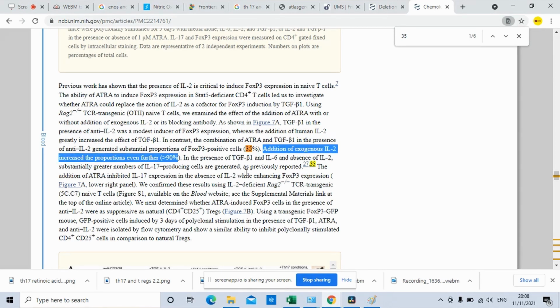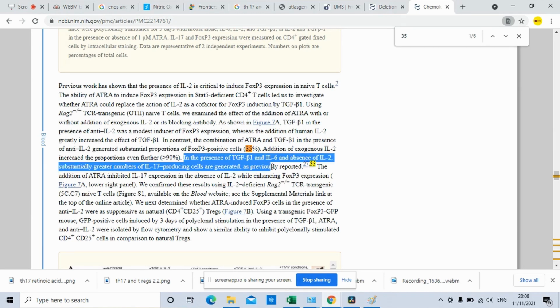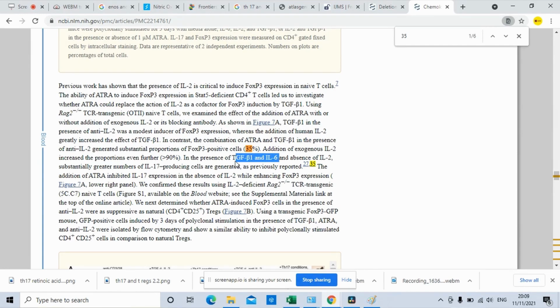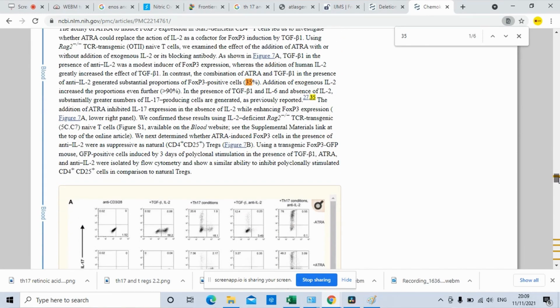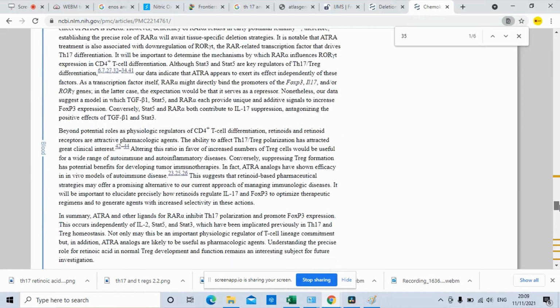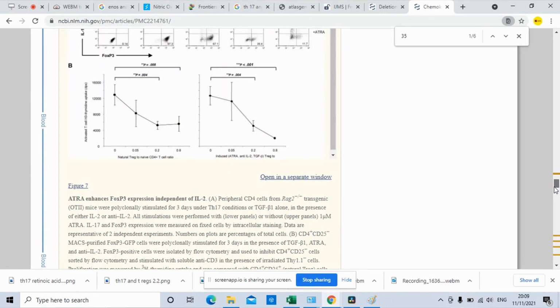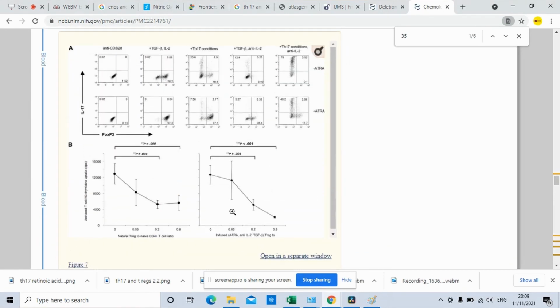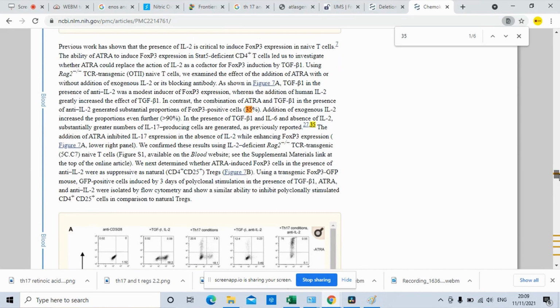They found that when ATRA plus TGF beta 1 was administered, it caused an increase to about 35% proportion of T regulatory cells, which are also known as foxp3 positive cells.